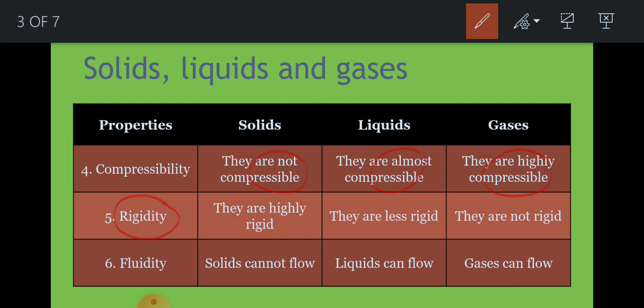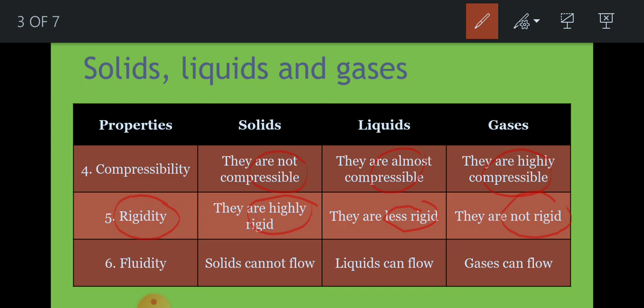So from that we can easily say that solids are highly rigid, liquids are less rigid, and gases are not at all rigid. Since the molecules are continuously moving, they are not fixed, and that's why gases are not rigid.